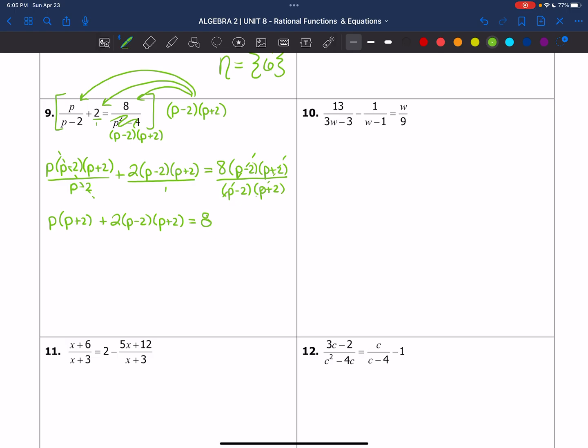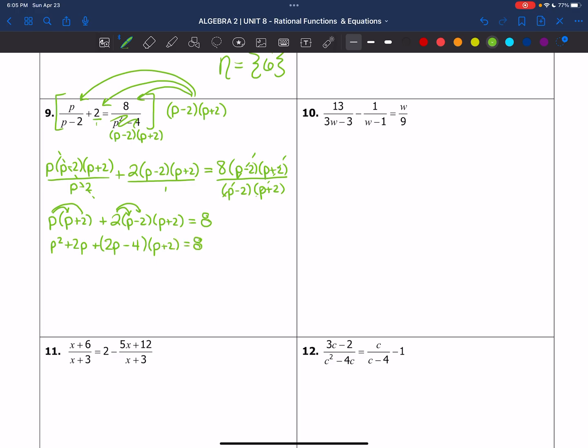Okay, so now let's simplify a bit. This is going to be a p squared and a 2p. Right here, this multiplies, and so I'm going to have a 2p times a negative 4, but all that is still multiplying with a p plus 2.